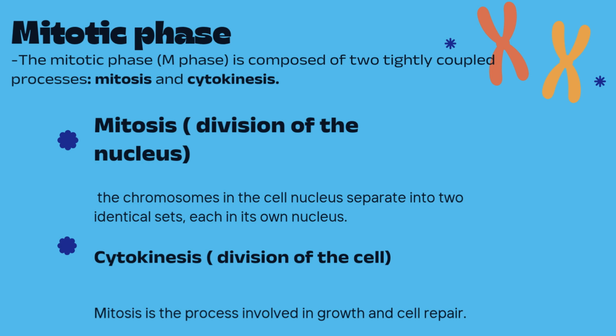There's already double the amount of DNA in it, with two identical copies of the genetic information of the cell. The purpose of mitosis is to divide this into two different nuclei. The two nuclei will have the same or identical set of DNA or chromosomes. They'll have the same genetic information. So that's the purpose of mitosis.